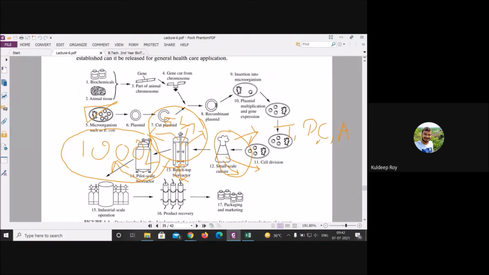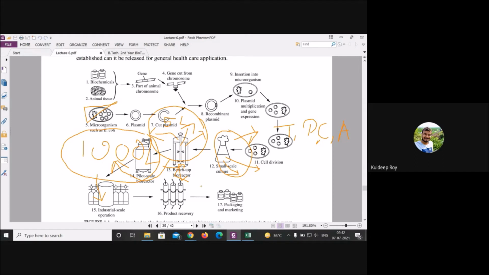Now the same thing happens for the industrial part as well. If you want to scale up the process, you should definitely know how the fluid will flow in that reactor, and which kind of flow, turbulent or laminar, is required for your particular reaction system, because here you have applied the agitator externally, but here you have applied it inside.